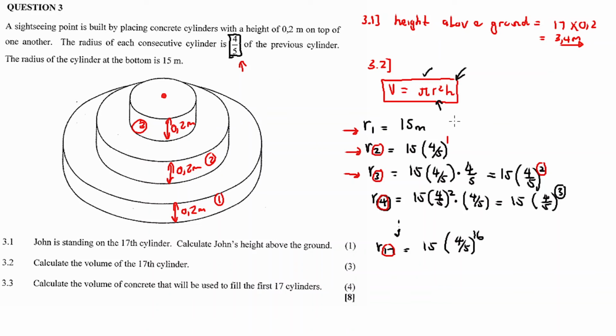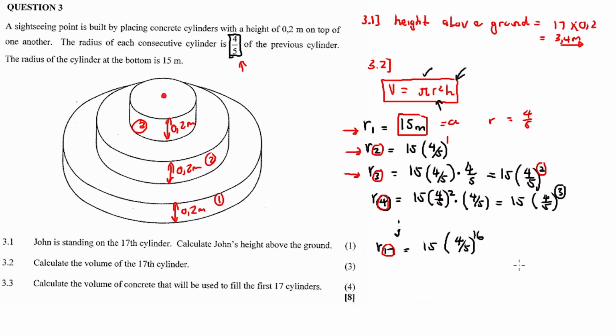You can take your a, and you can also calculate your r, right? The a in this case is 15, and then your r, we take the second term and divide by the first term. Then the 15 cancels the 15. I have 4 over 5 as my common ratio.